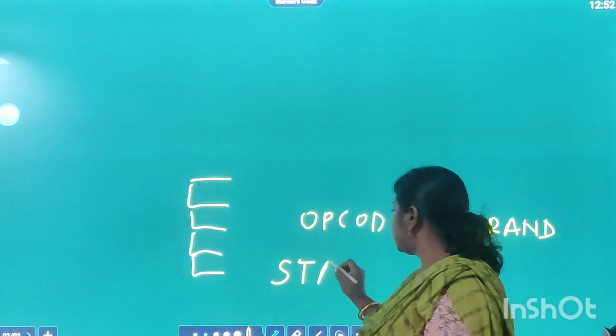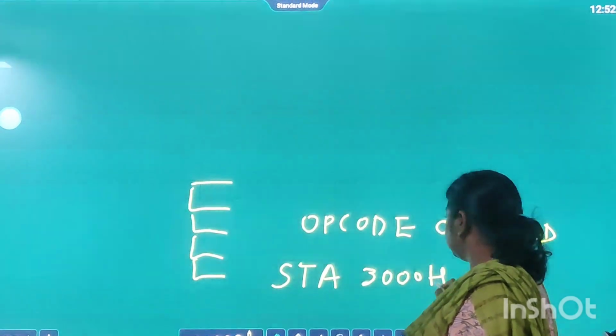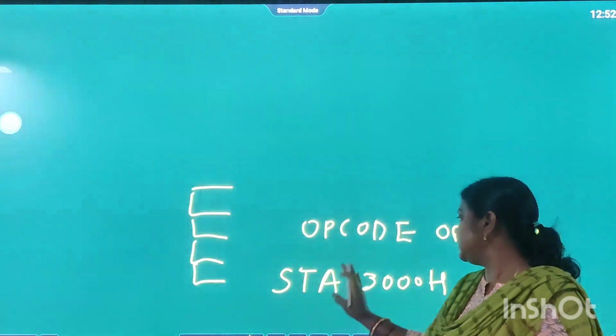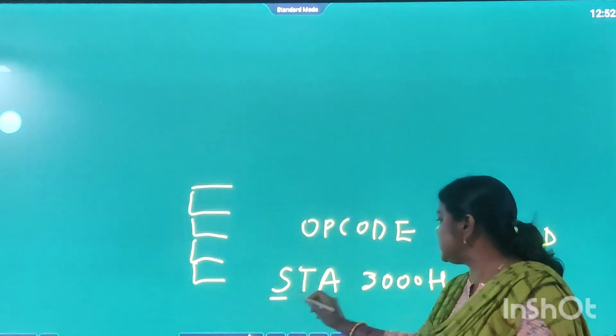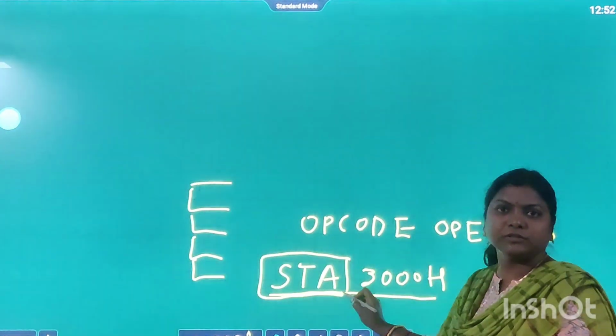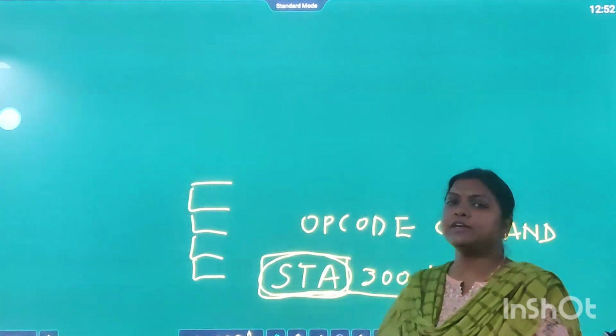Suppose an instruction STA 3000H. This means store the content of the accumulator in memory location 3000. In this instruction, STA is the operation code or opcode. It means store the content of the accumulator.